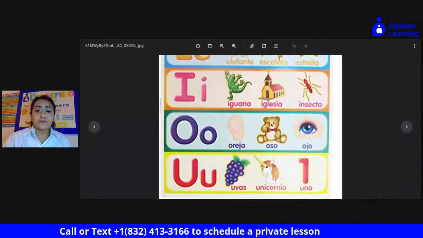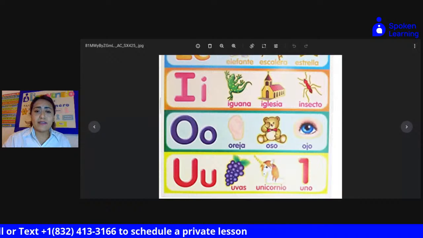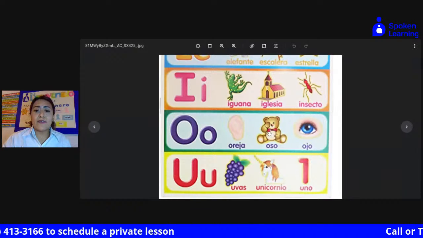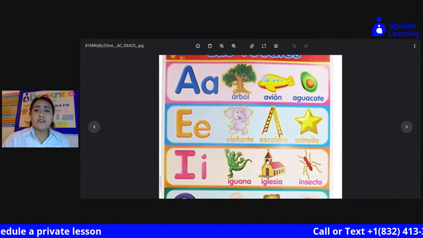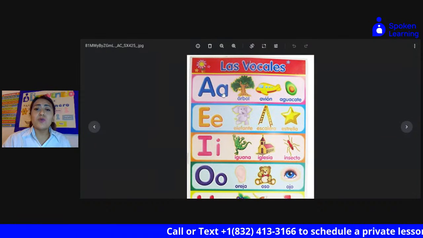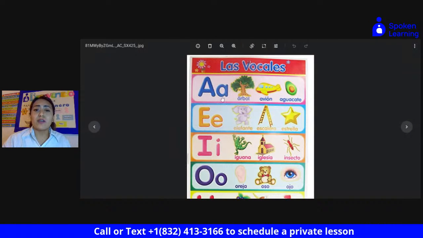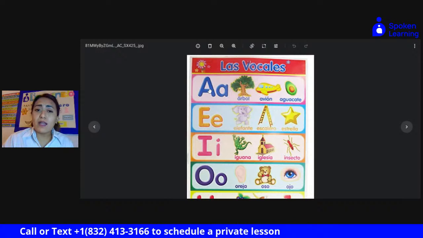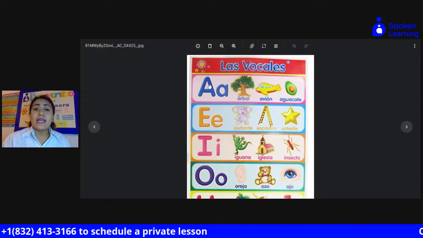Remember, in Spanish, our sounds are short when we are speaking about the vowels. All right? So now I'm gonna share with you something else related with these letters. If you see in my vowels, I have two ways to write them down. Okay? The capital one and the small one.